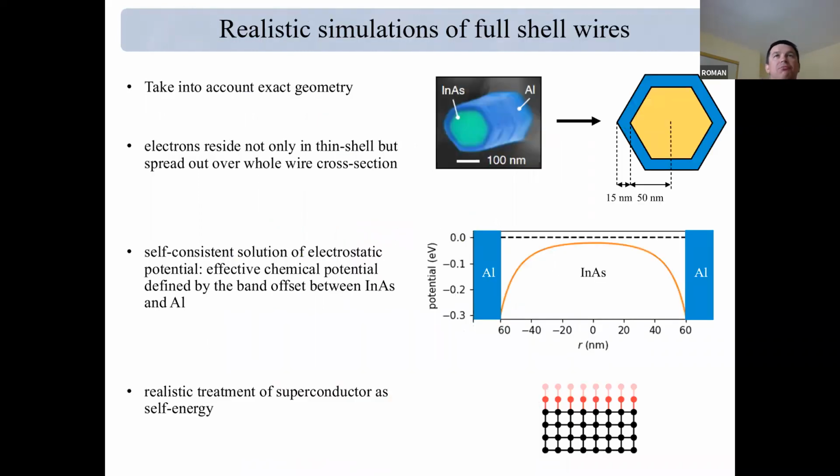So, okay, this was the result. And of course, in order to understand the experimental system better, we performed realistic simulations where we numerically take into account the geometry, run self-consistent Poisson-Schrödinger, and take into account very important effects for quantitative understanding of experimental data.